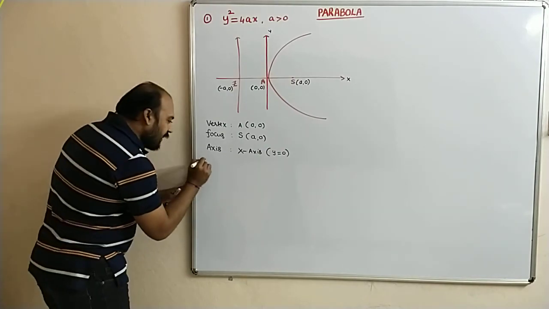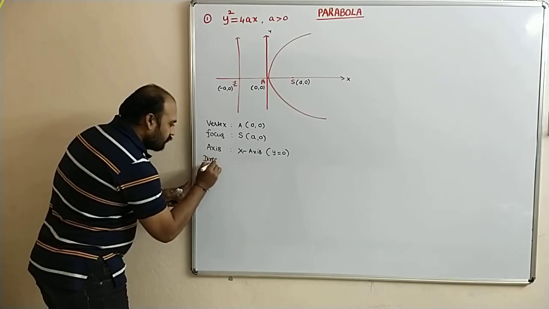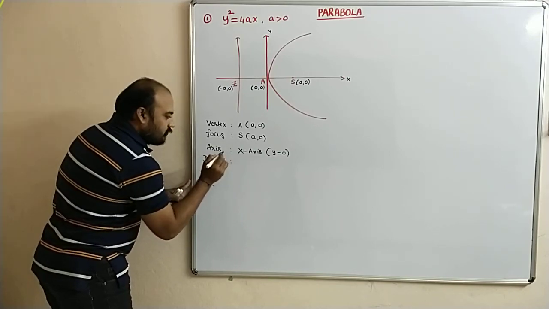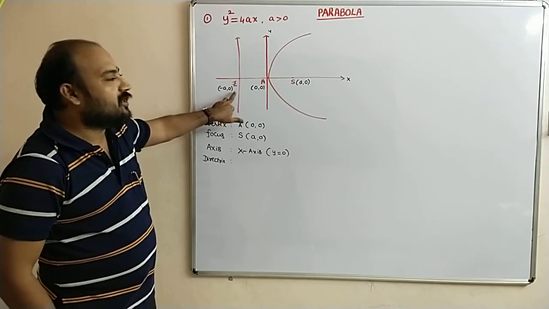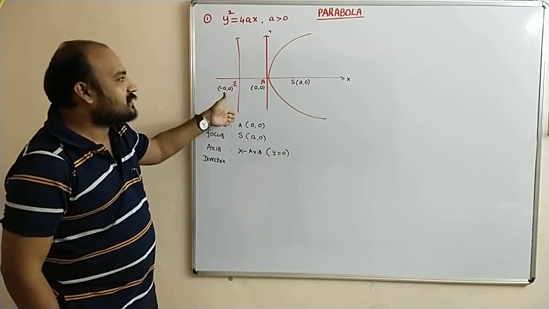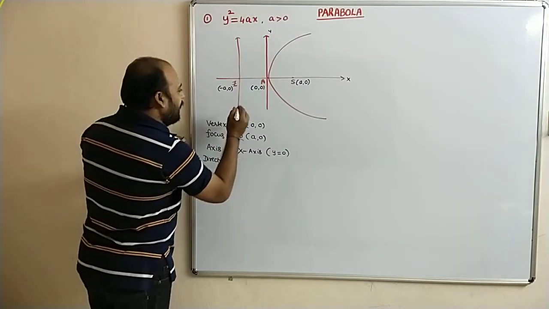Next, directrix. How to get that directrix? The line which is passing through the point Z and perpendicular to the axis of the parabola. This is the axis of the parabola now. This is perpendicular. This is the directrix equation.